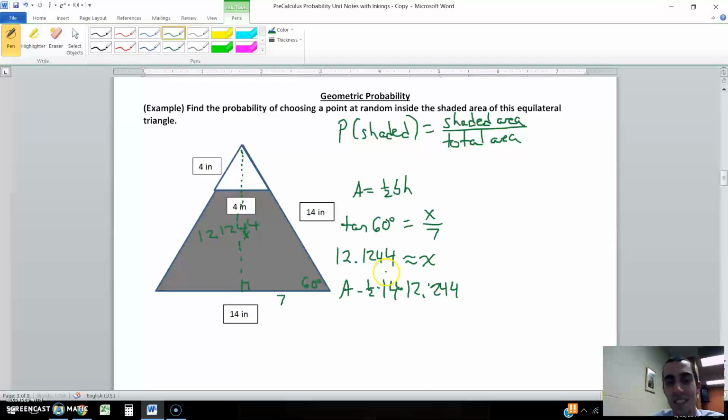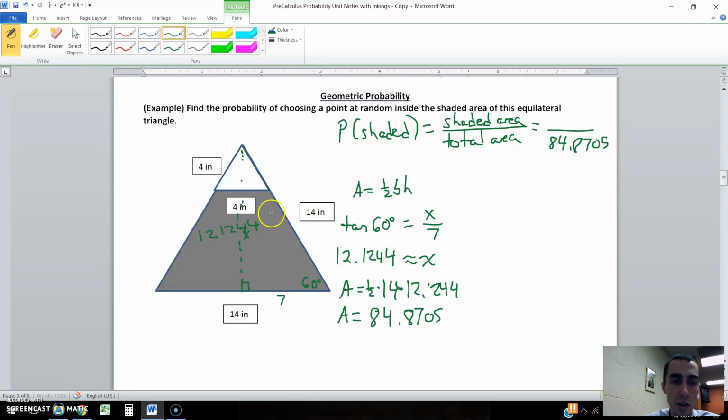If you leave this number with lots of decimal places in your calculator, multiply it by 14, then multiply it by 1/2, we're going to get that this total area is approximately 84.8705. So that's what our total area is.